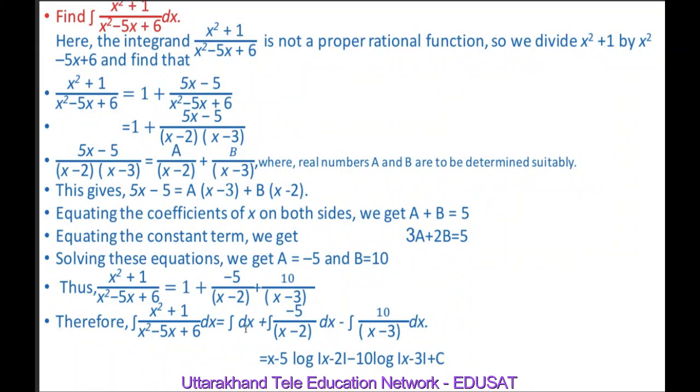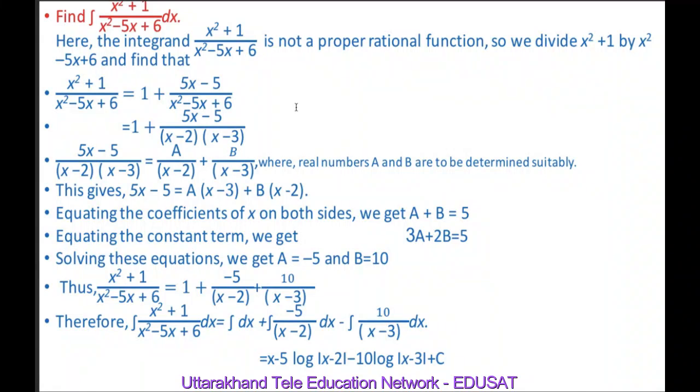So integration of 1 is x, integration of 1 upon x minus 2 is log x minus 2, 5 is constant, so it will come outside -5. Integration of 1 upon x minus 3 is log x minus 3, so it is -10 log x minus 3 plus c is a constant of integration.